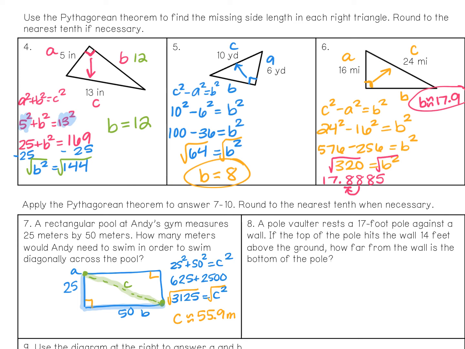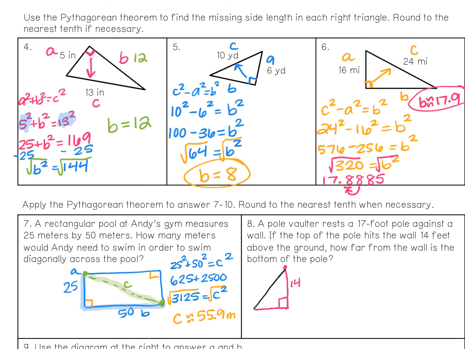Now let's look at problem number 8. A pole vaulter rests a 17-foot pole against a wall. So if I have the ground, the wall, and the pole being rested against the wall. If the top of the pole hits the wall 14 feet above the ground, how far from the wall is the bottom of the pole?